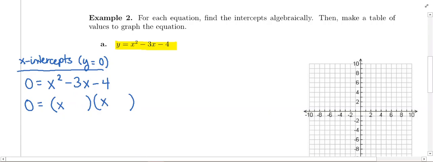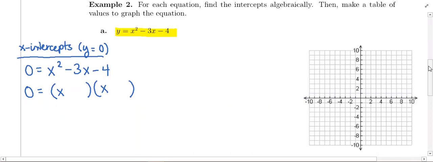Then you're either going to have to use the factoring techniques or use trial and error to make the signs, plus or minus, and the numbers work out, so that if you multiply this something times something out, you end up with x squared minus 3x minus 4.